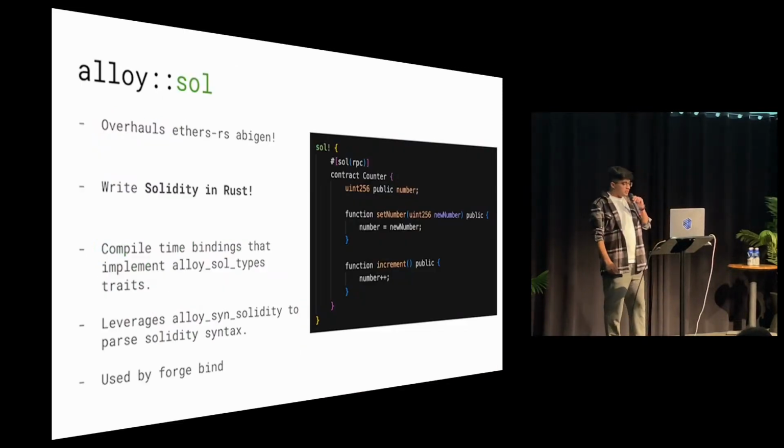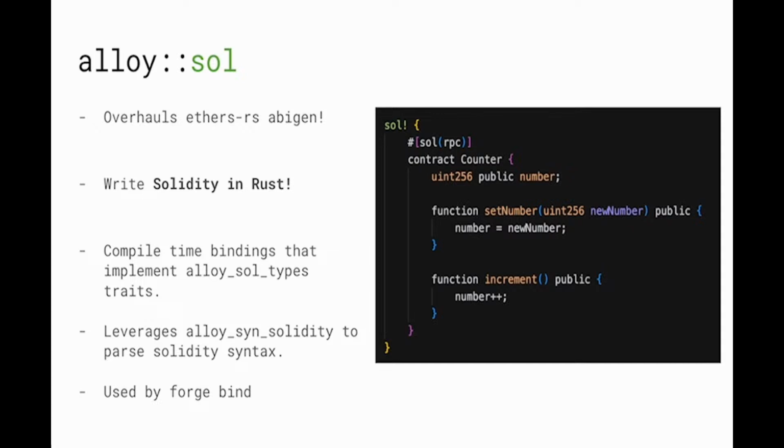Well, into the meat stuff now. Alloy sol macro. This lets you write Solidity in Rust. It's a complete overhaul of the Ethers abigen macro, which would only allow you to point to ABI JSON files or write ABI string representations and then create bindings for them.